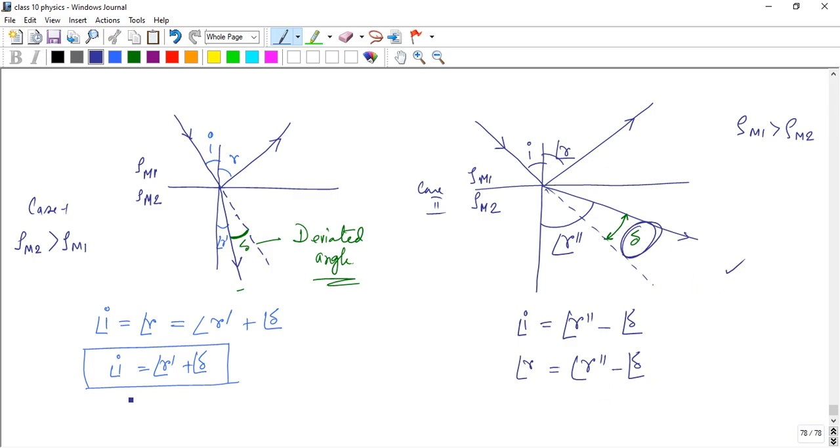So here delta equals R dash minus I, and here delta equals R double dash minus I. Okay, clear?